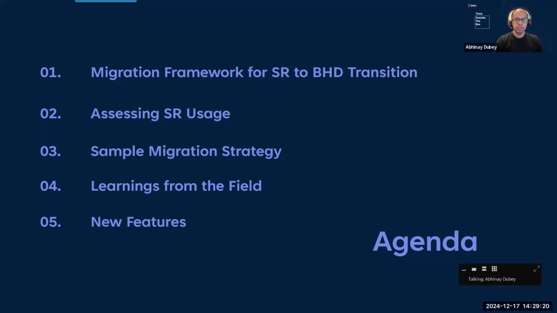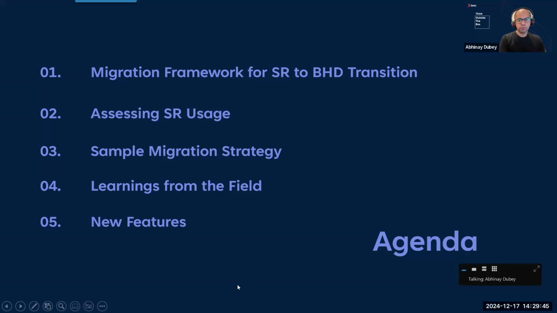service ops use cases. Now let us look at the question how we can migrate from smart reporting to this new solution. So we'll look at a migration framework which will help us plan our migration, which will be a starting point for us to plan the migration from smart reporting to Helix Dashboard. We'll talk about assessment of smart reporting usage.